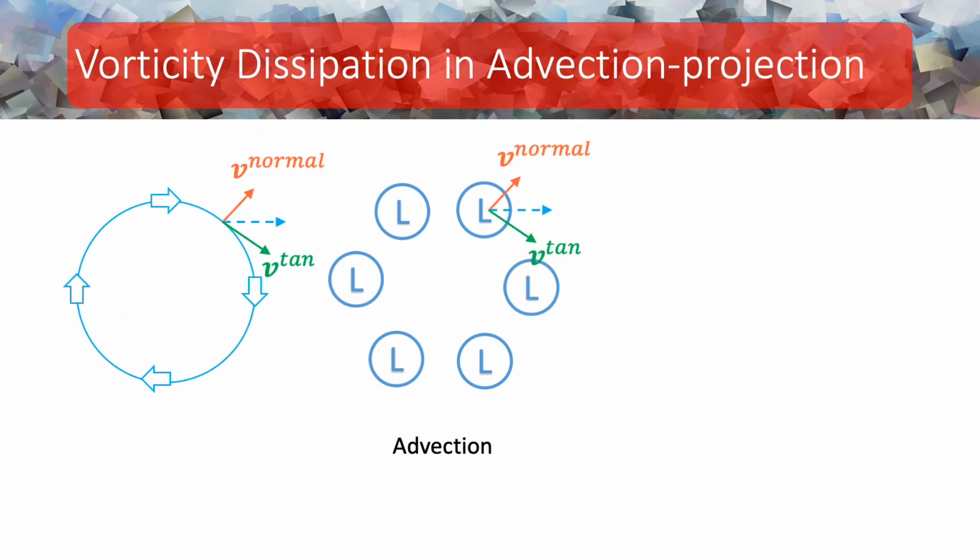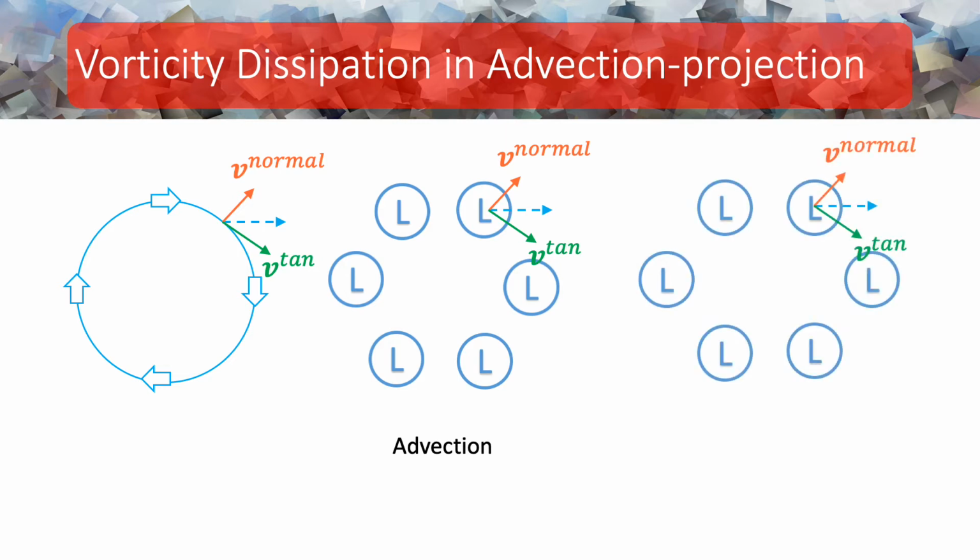Now the velocity of each particle can be split into two parts, the tangential part and normal part. In the projection step, the pressure force of each particle is derived implicitly to counteract the density deviation caused in the advection step, making the fluid field incompressible again.